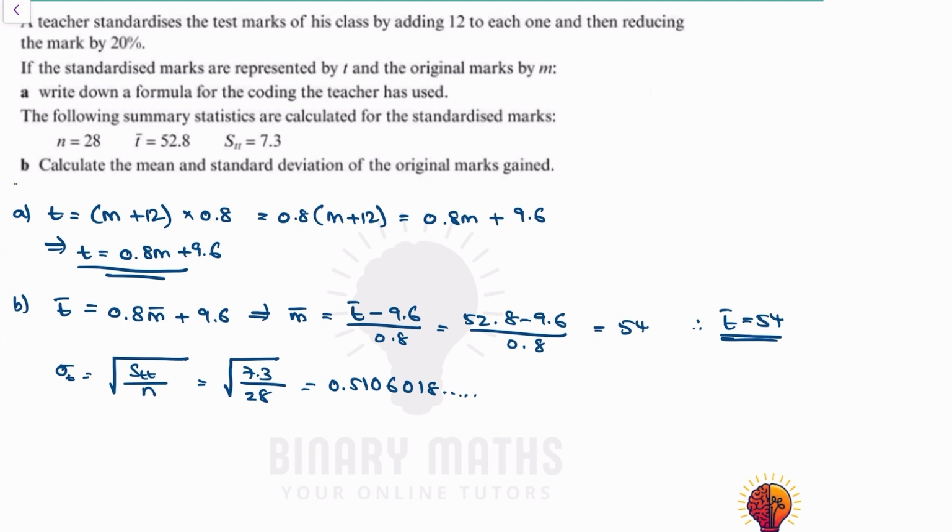Now, because standard deviation is only affected by multiplying and dividing, sigma of T is equal to 0.8 times sigma of M, which means if I rearrange it, I get sigma of M is equal to sigma of T over 0.8.